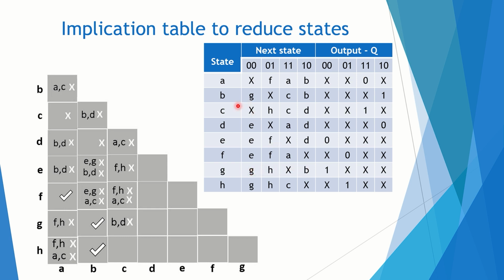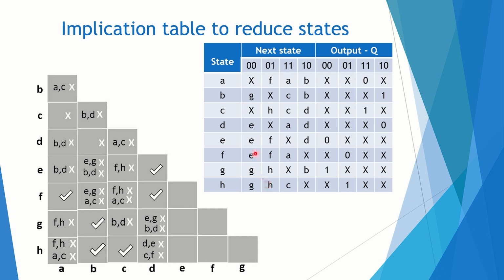Then CH it is equivalent. Then DE it is equivalent. Then DF again it is also equivalent. Then DG not equivalent because of EG and BD. And DH, see here DH is not equivalent because of DE and CF.